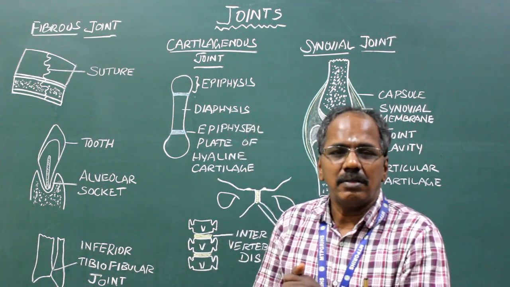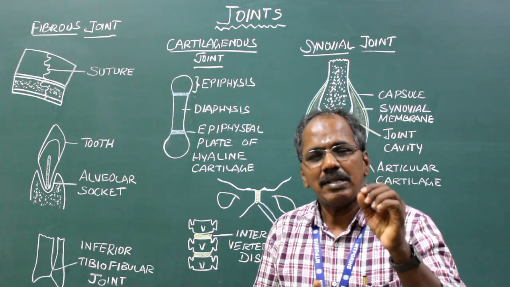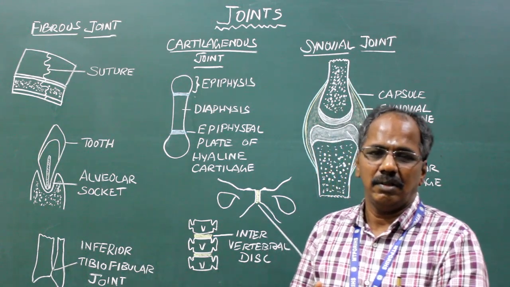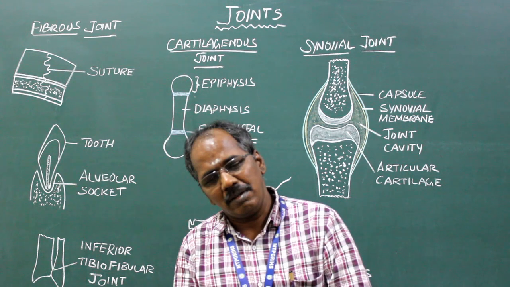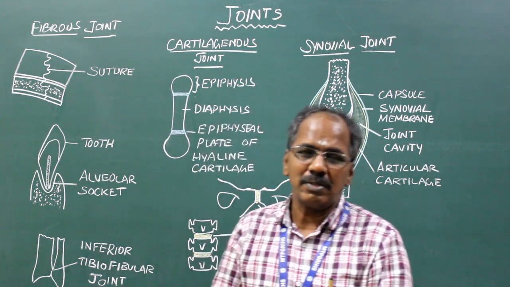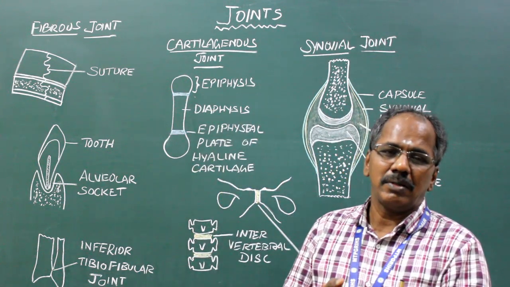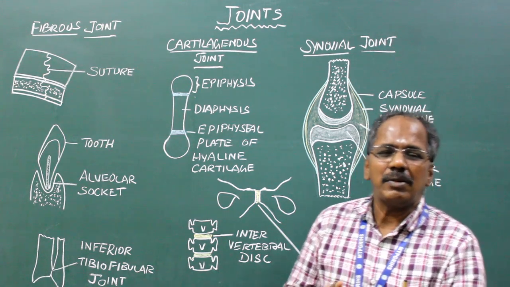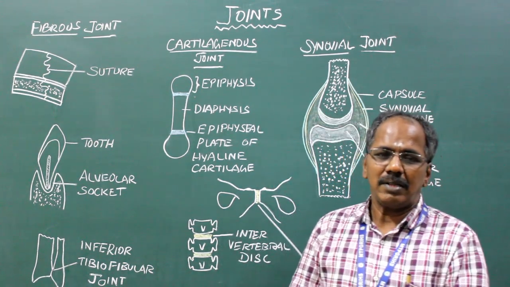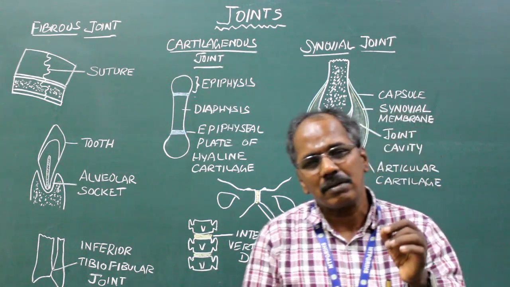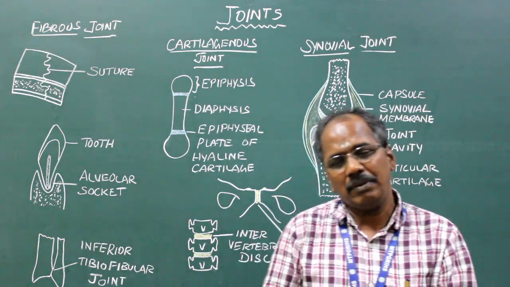This type of joints are found in skull bones. Example, sagittal suture, coronal suture, lambdoid suture. Sagittal and coronal suture belong to serrate type, whereas the lambdoid suture belongs to denticulate type.